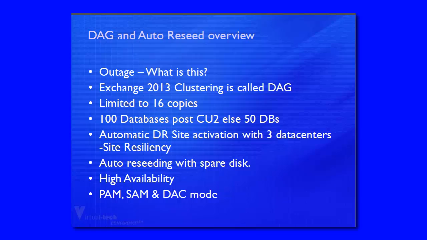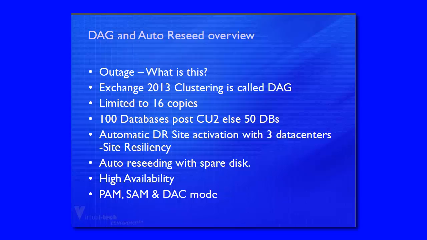So they required more databases to maintain them easily and back them up easier and faster. If we went beyond 50, it was not possible in 2013. Now it's possible if we apply cumulative update 2. Just to point out, cumulative update 2 version 2 was released a couple of days back. So if you had CU2 installed earlier, or if you're planning to, make sure you go for version 2.